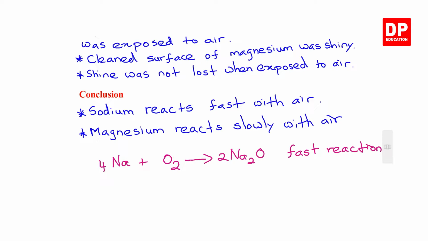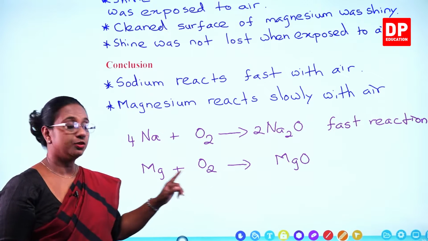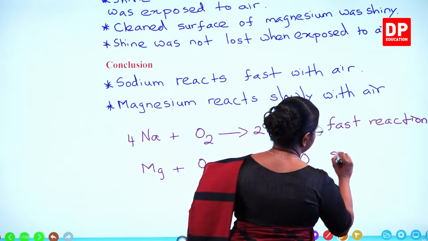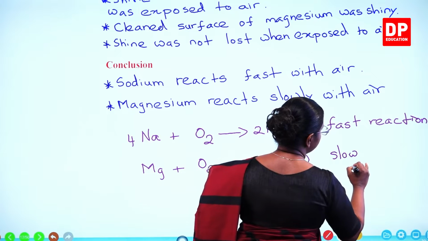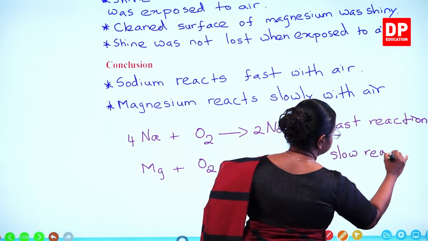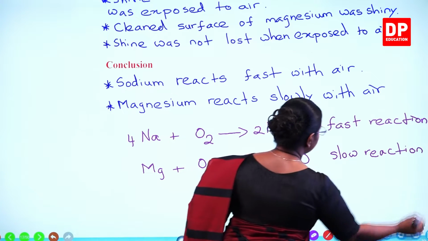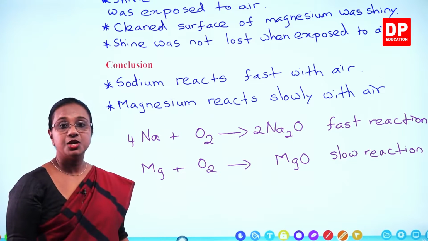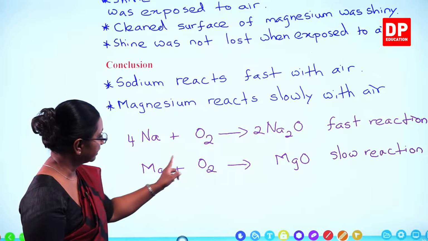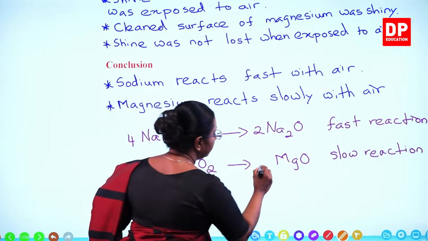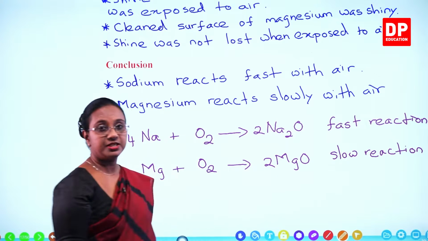Then we had the reaction of magnesium with oxygen giving rise to magnesium oxide. Is this fast? No. It is a comparatively slow reaction. Is it balanced? No. We need to balance it. Magnesium is balanced. For oxygen, we need to put 2 as the coefficient in front.